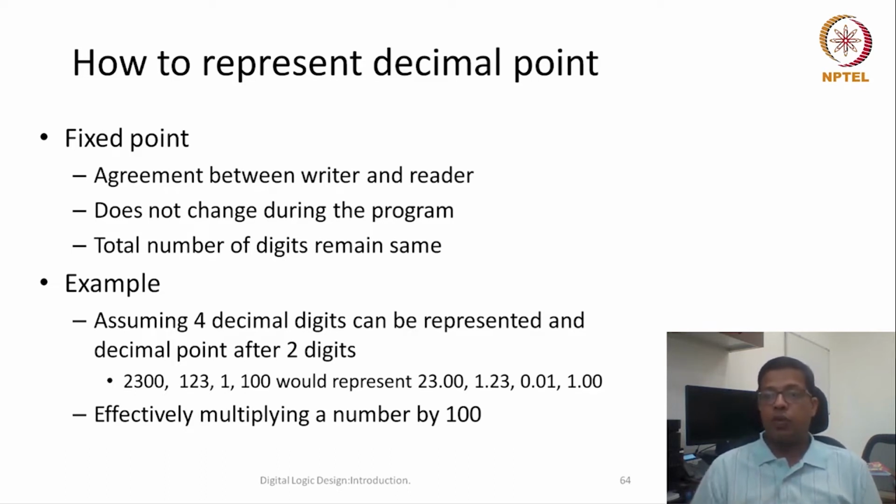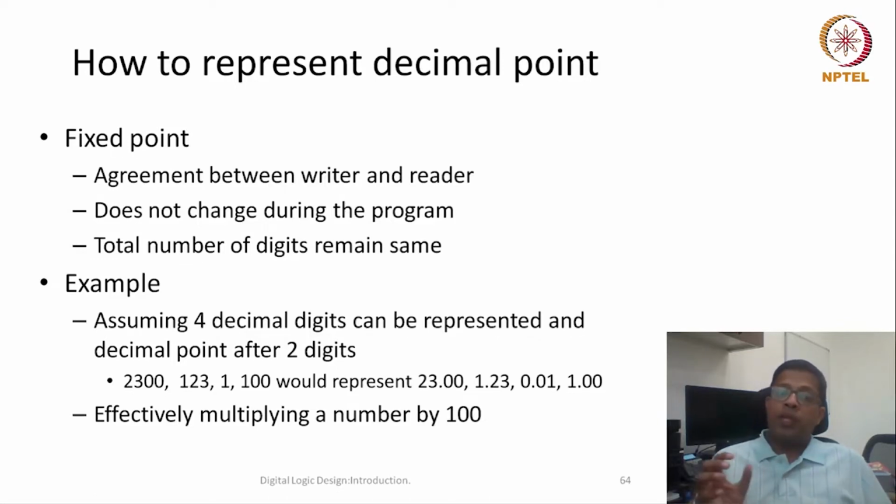That cannot change within the program. So let's say your program is executing for 1 hour or maybe for multiple days, then this fixed point representation will always remain for all the numbers. And the total number of digits will also remain the same. These are some constraints which are imposed on fixed point.